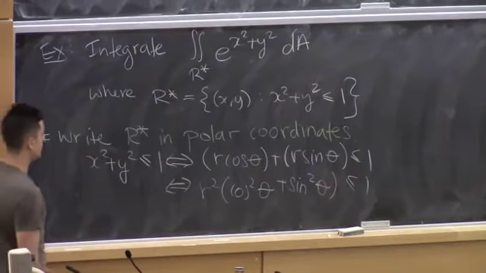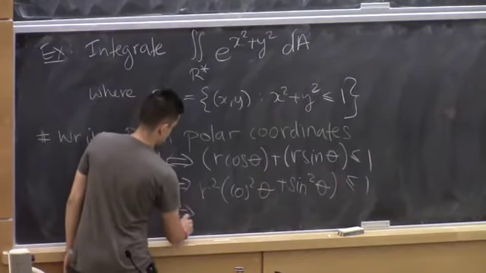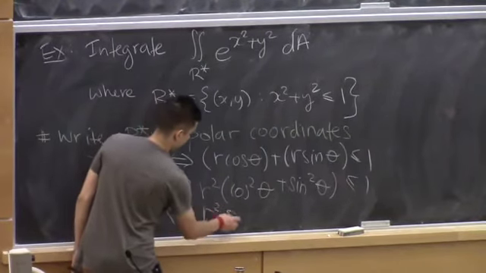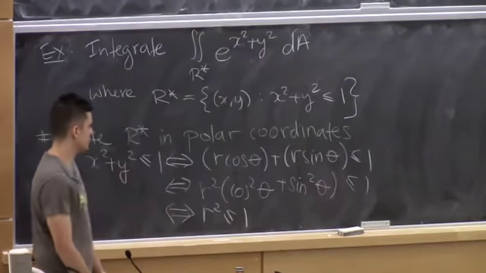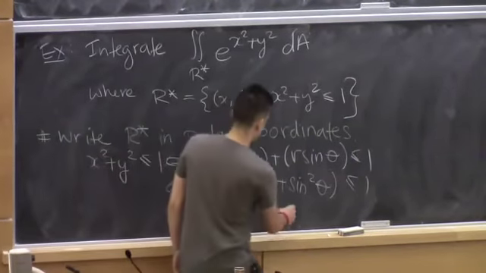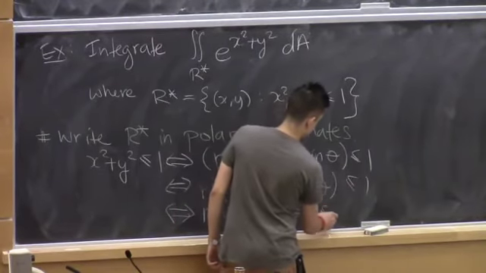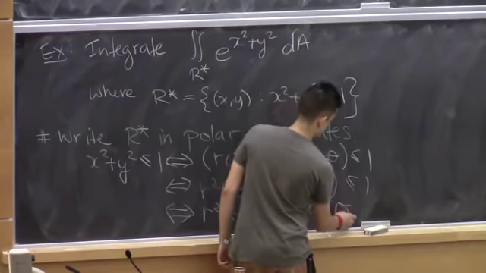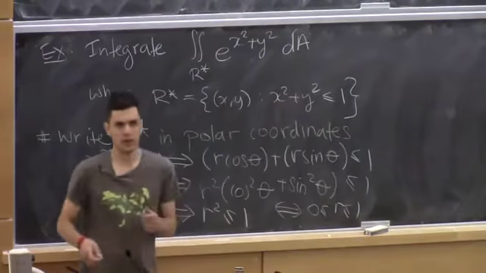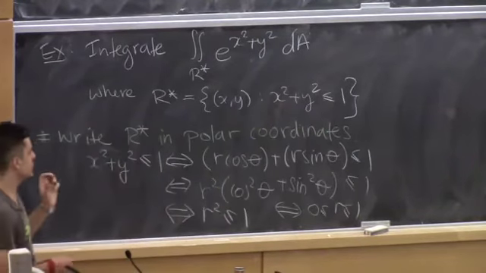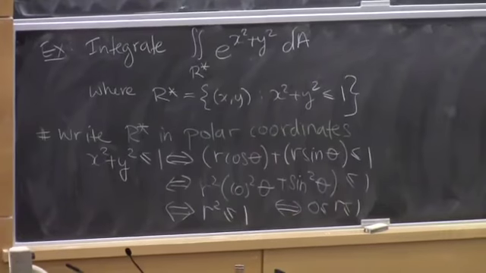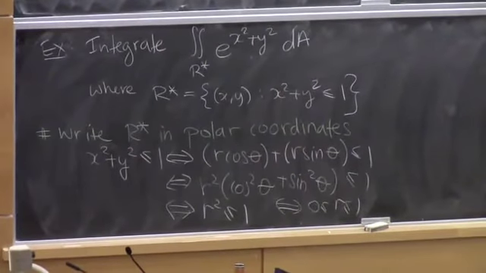Okay, so we get r squared is less than 1, or equivalently, r is less than 1. So our unit disk is the set of places where r is smaller than 1.